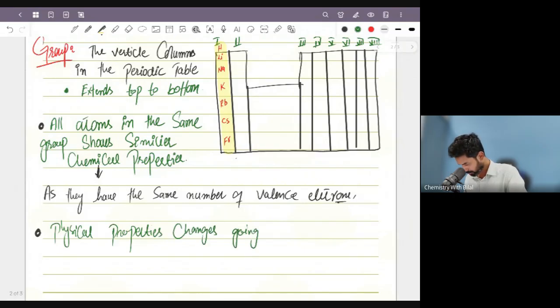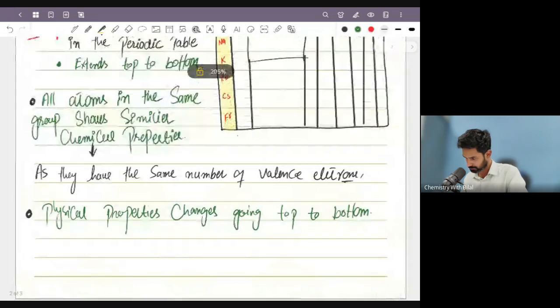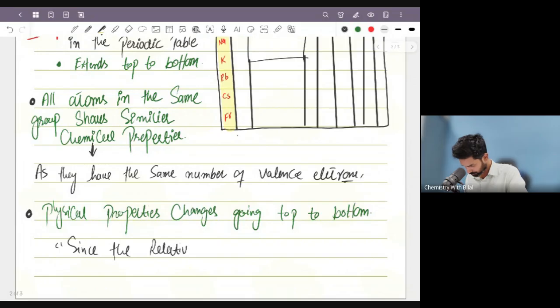Going top to bottom or bottom to top, physical properties depend on atomic masses. Since the relative atomic masses change, so do the physical properties.